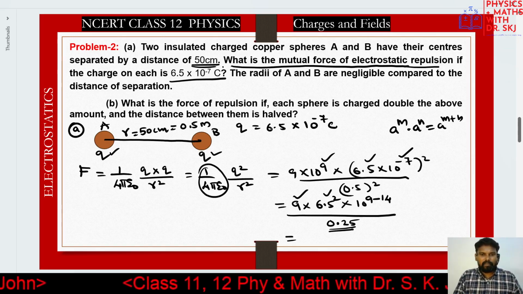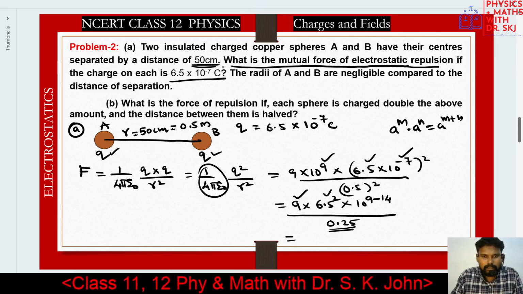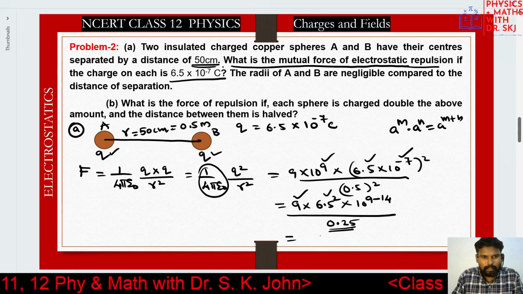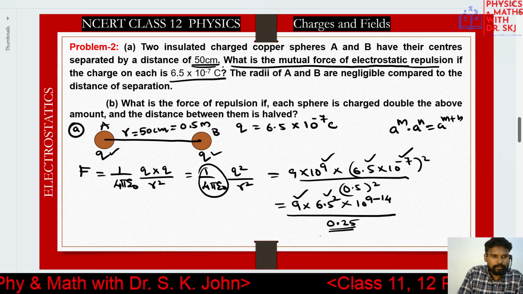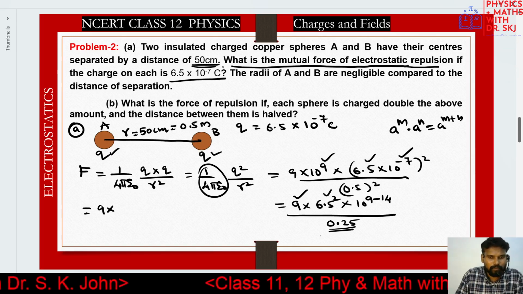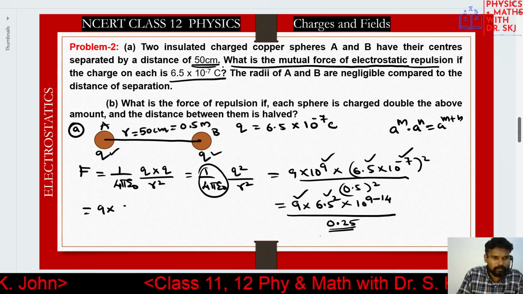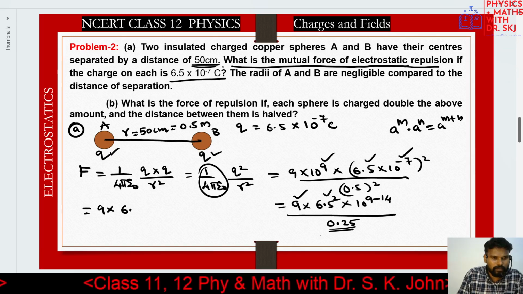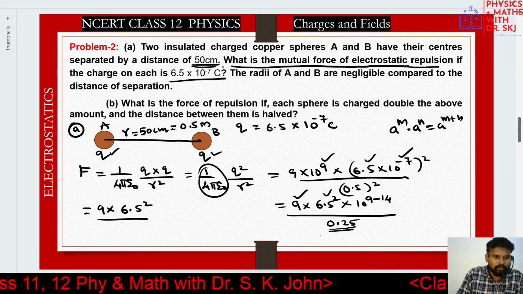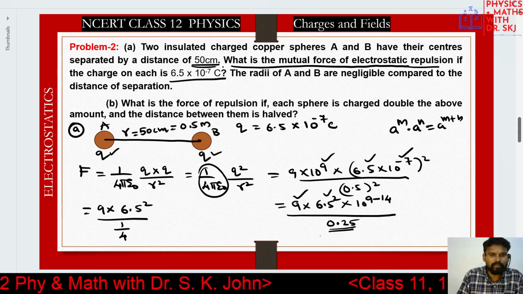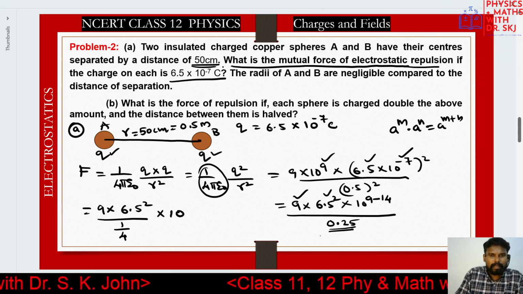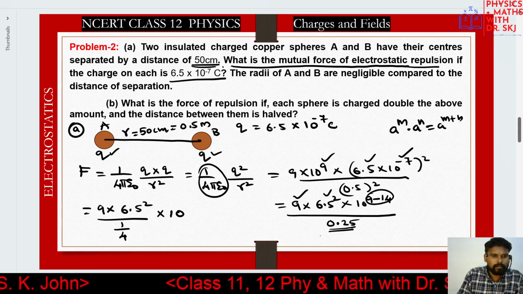Without a calculator, you can do it like this: 9 times 6.5 square, that is 6.5 into 6.5, divided by 0.25. Since 0.25 is 1 by 4, 4 comes to the numerator, into 10 raised to 9 minus 14, which is minus 5, right?